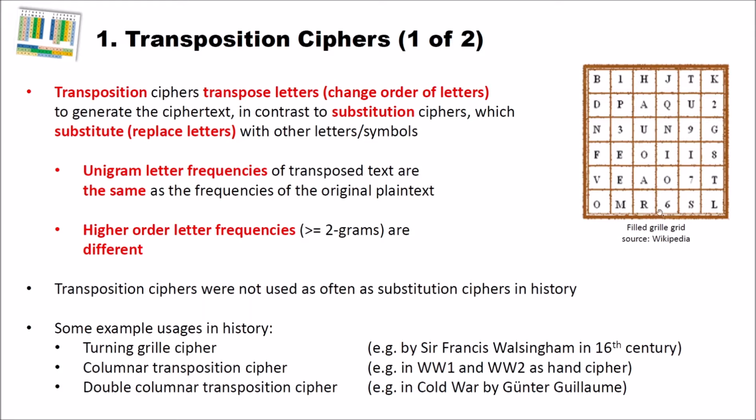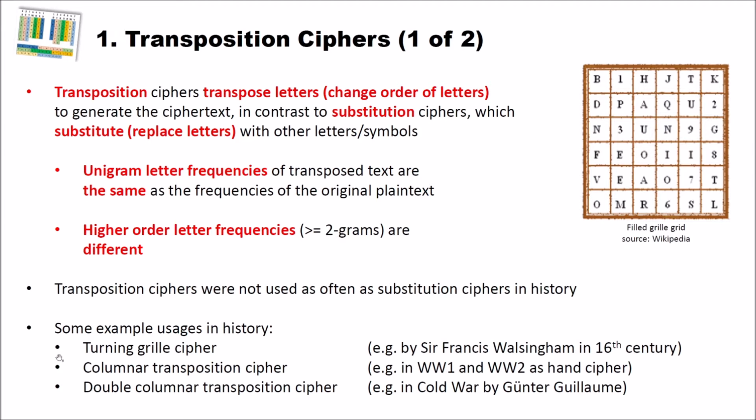Usually a grille was also created with holes. We already had a video about grille ciphers on this channel. You had holes in the grille, and then you wrote the plaintext into the holes, then you turned the grille, that is called a turning grille, and the holes were at other places, and then you wrote the second part of the message and so on, and so your plaintext was transposed using the grille.